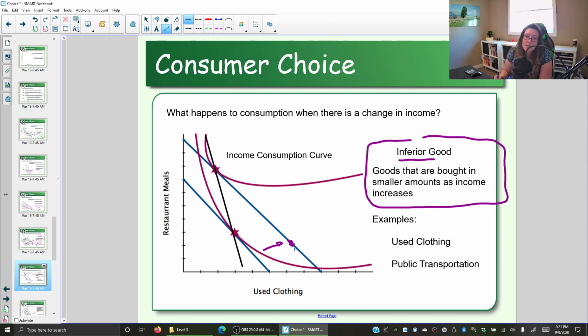And notice here that when your income increases, you do want more restaurant meals. But notice that used clothing, the quantity actually goes down. So if when your income increases, the amount you want decreases, we have what is called an inferior good.